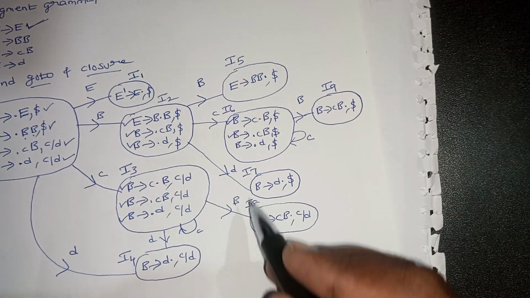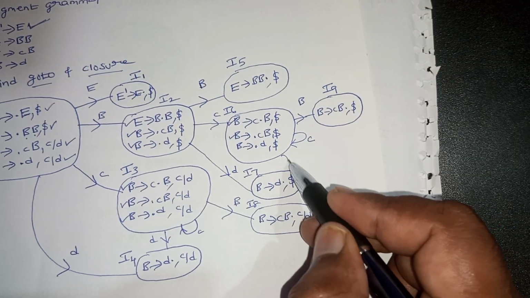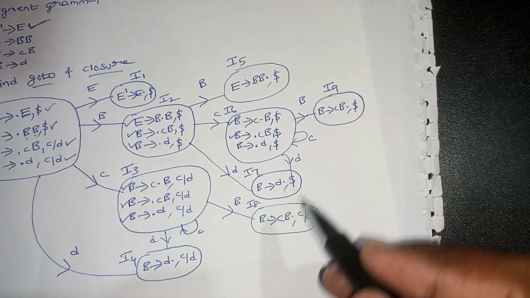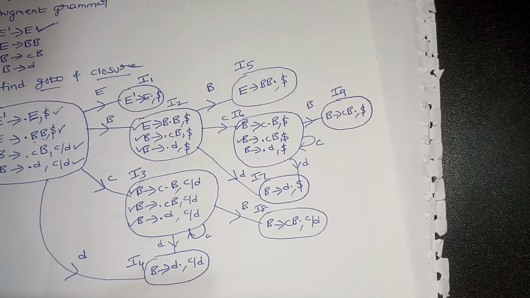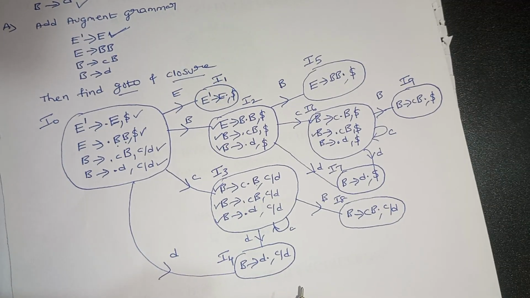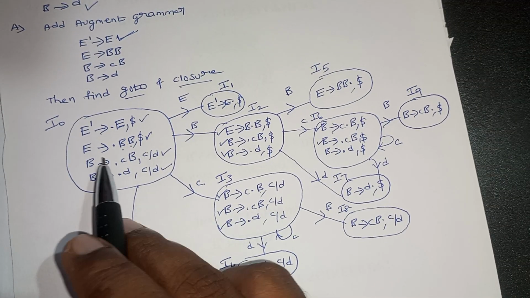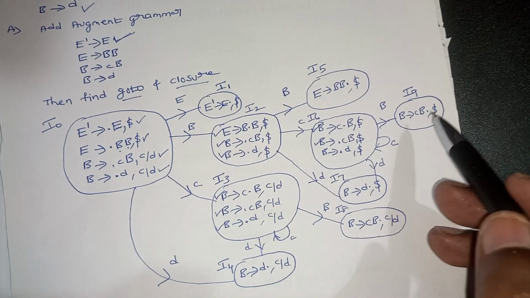Now when you perform goto on small d, what do I get? I get this small d. In this way you have to find the goto and closure. So how many did I get? I0, I1, I2, I3, I4, I6 up to I9.